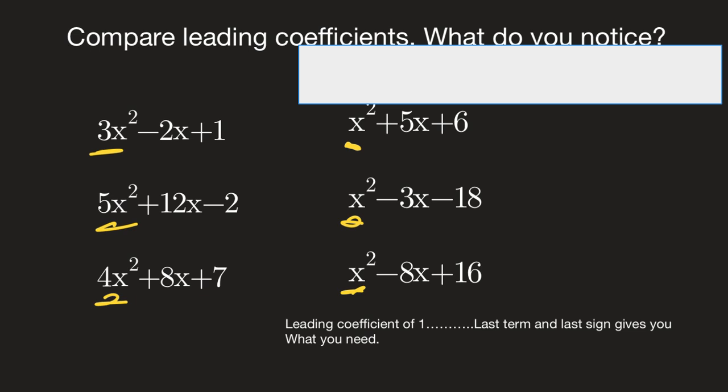Now, if the leading coefficient is 1, you might jot this down. If the leading coefficient is 1, the last term and the last sign is going to give you everything you need. If the leading coefficient is indeed 1, if all you're seeing up front there is x squared or y squared or s squared or whatever, the last term and the last sign is going to give us everything we need. And that's kind of a time saver, really.